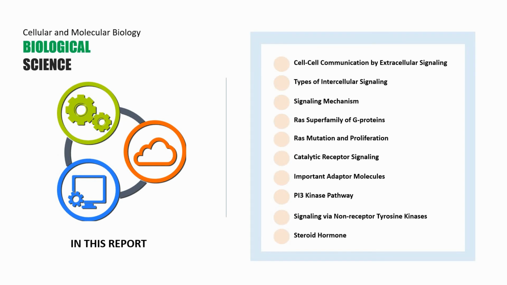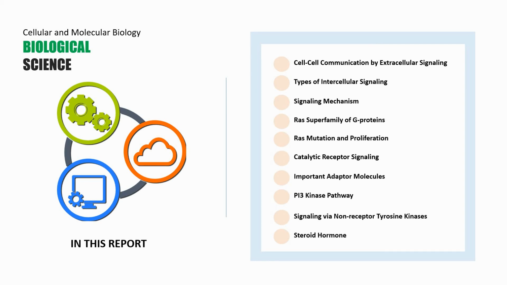Okay, so this video is going to be quite long, kasi ang dami-dami nating mga objectives. Pero yeah, we can talk about them in passing, or at least have an overview of what these all are. So we will begin with cell-cell communication by extracellular signaling. And then we're going to continue with the types of intercellular signaling.